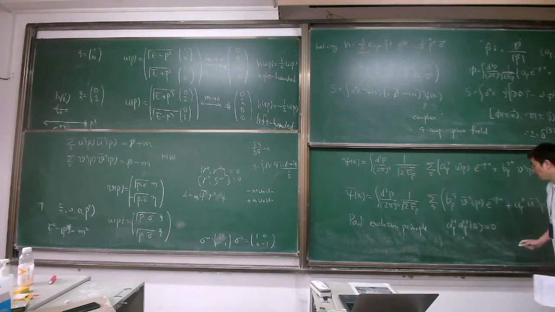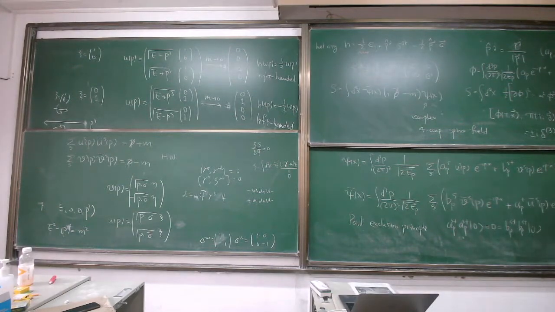That's the same thing here: b_p^s dagger acting on vacuum twice should be 0. If it is the bosonic case, this is totally fine. This is no longer 0. So you can act with the creation operator however many times you want. However, for fermions you cannot do that.